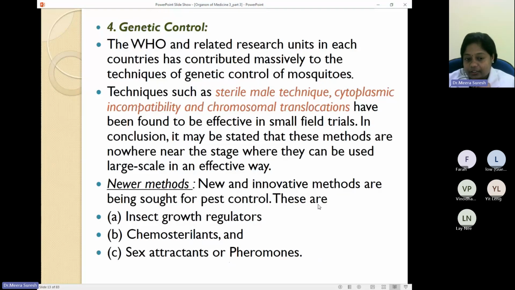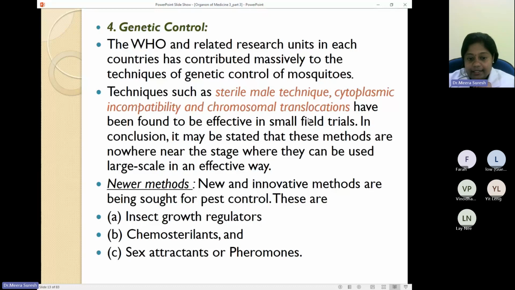Some chemicals are used, some growth regulators, the chemosterilants, to induce the sterilization process, and pheromones are also used. Here the chemicals are used to disrupt some of the processes in the reproduction of the insects or mosquitoes. And these three are exactly a manipulation at the reproductive level.